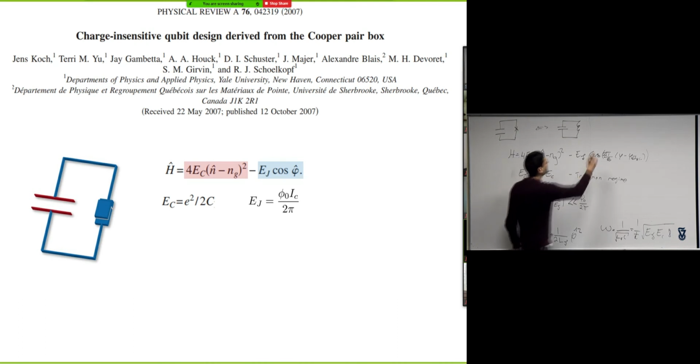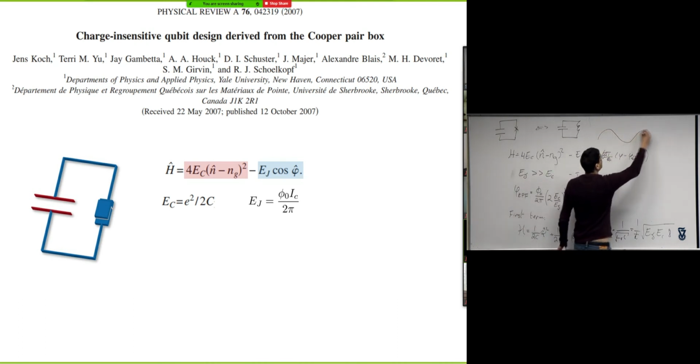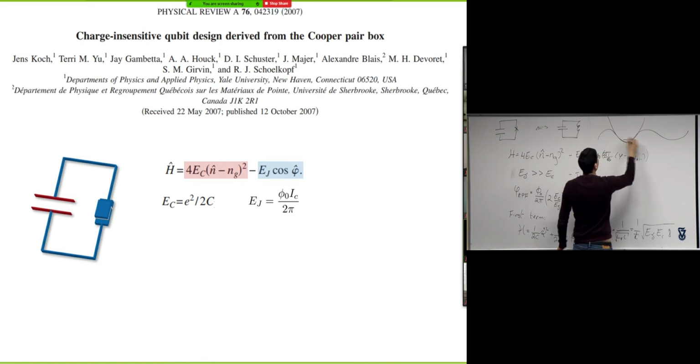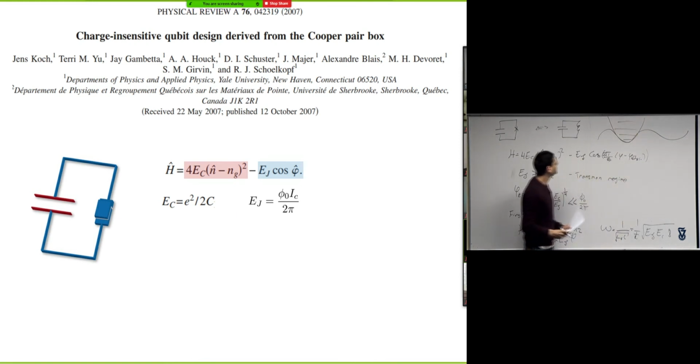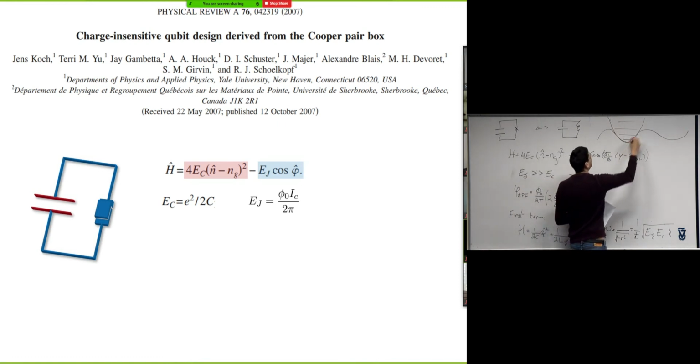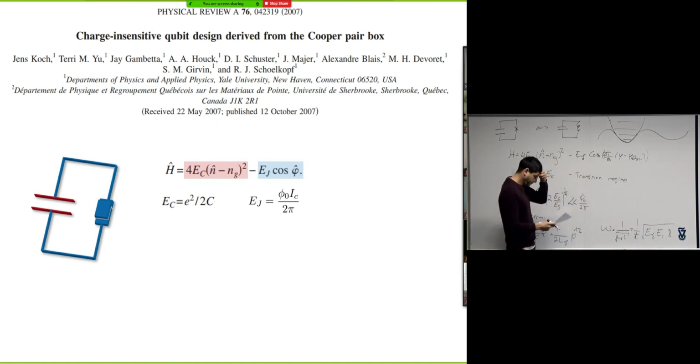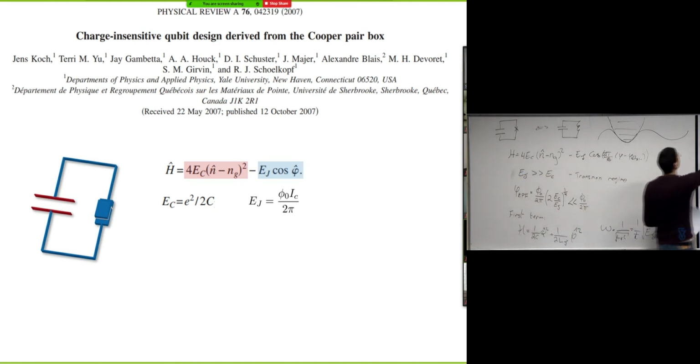The way you can think of it is you have this cosine potential, and this is the harmonic oscillator. So you can think about the levels in the well over here. And what we did, we took the first term, so we just took this part over here.